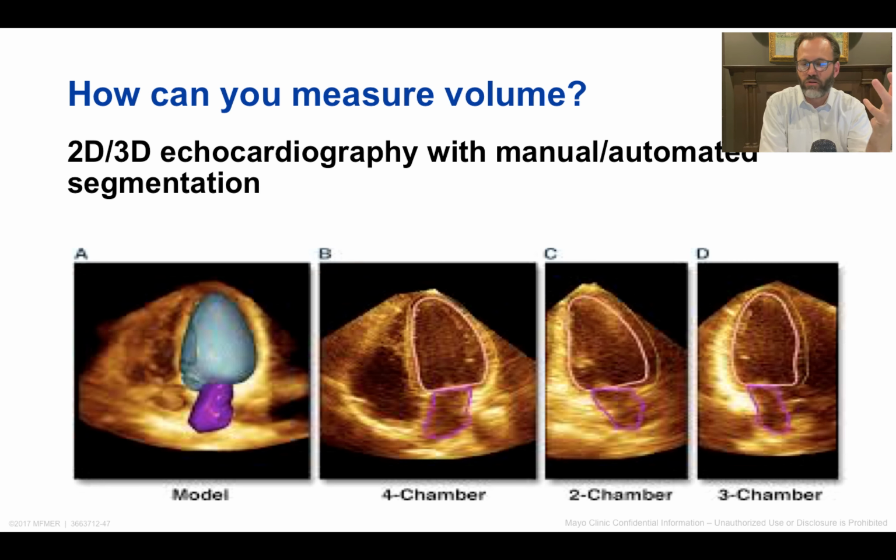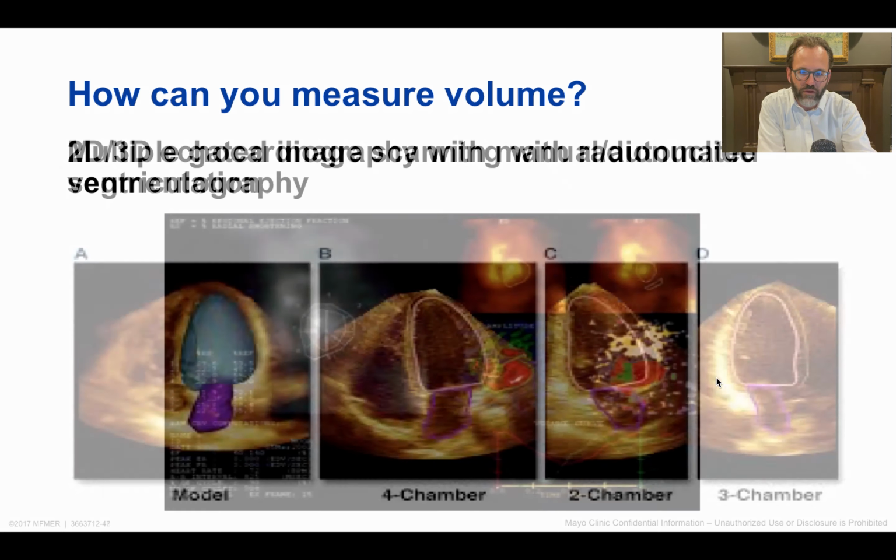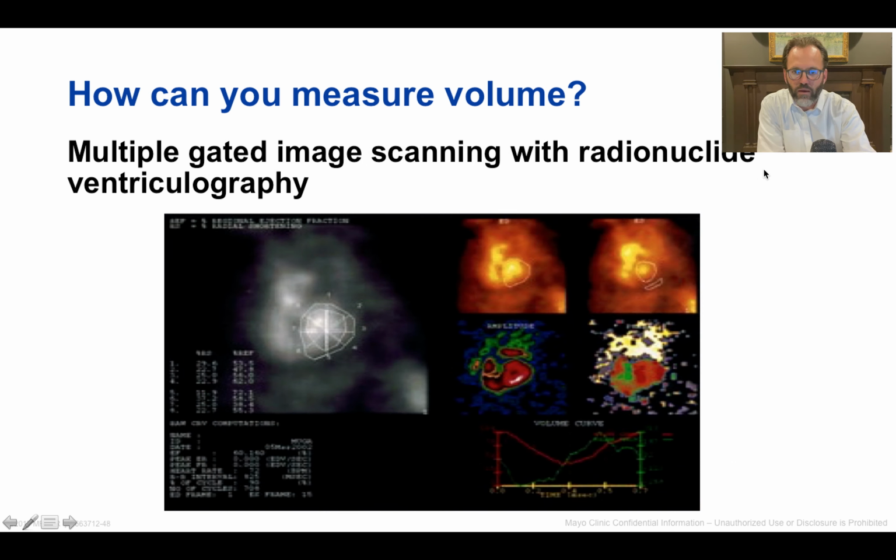With three-dimensional echocardiography, you can reduce many of those assumptions quite significantly. And here you can see the model that is produced from the segmented images, and that's done from a 4-chamber, 2-chamber, and 3-chamber view of the ventricle and heart.